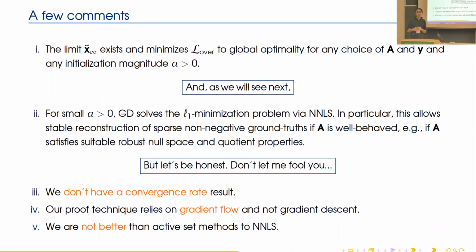Also, they are not scalable, I must say. If you try to solve non-negative least squares for a 10,000 times 10,000 system with active set methods, you'll have problems. And I would say in some communities, 10,000 times 10,000 is not a large matrix. Potentially with gradient descent we can do these things, but by no means am I claiming that we are better than them, okay?